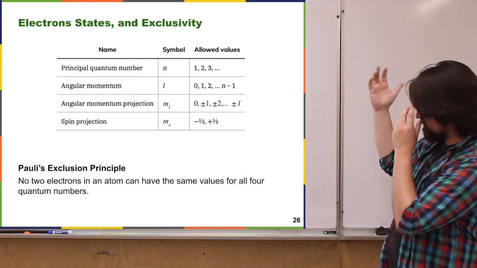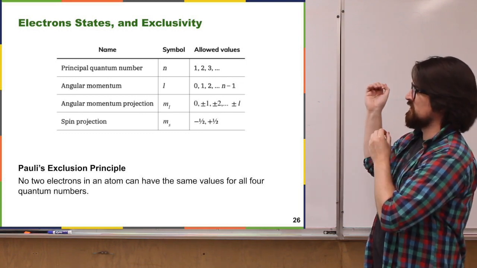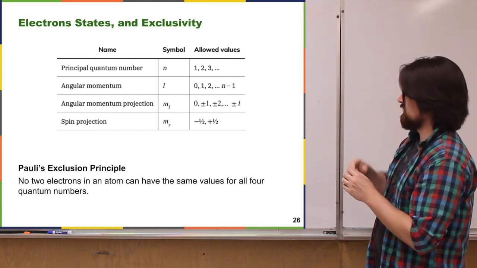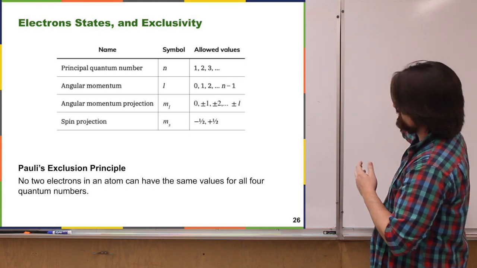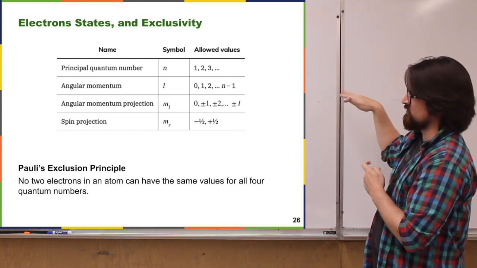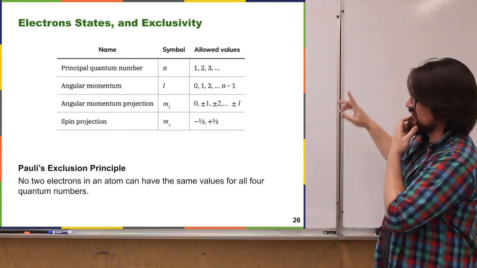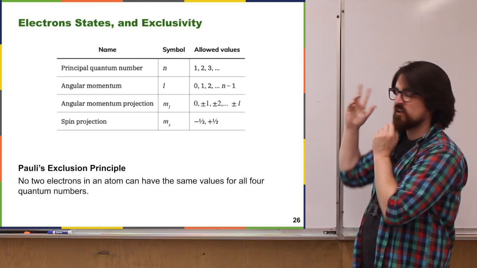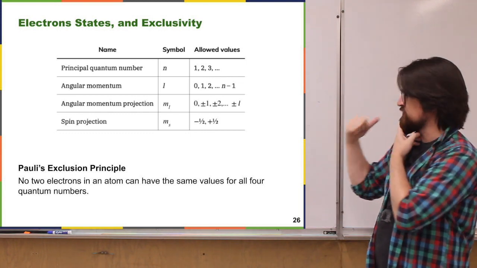These four quantum numbers fully describe the state of an electron in the hydrogen atom, and they have these allowed values. n can be 1, 2, 3, 4, 5, whatever. L can be 0 up to n minus 1. The angular momentum projection, m sub L, can be minus L to plus L. And finally our spin projection, m sub S, for an electron can only be minus 1/2 and plus 1/2. Spin down, spin up.